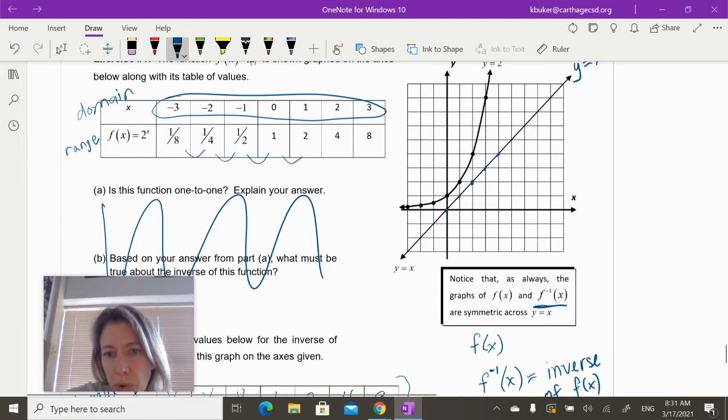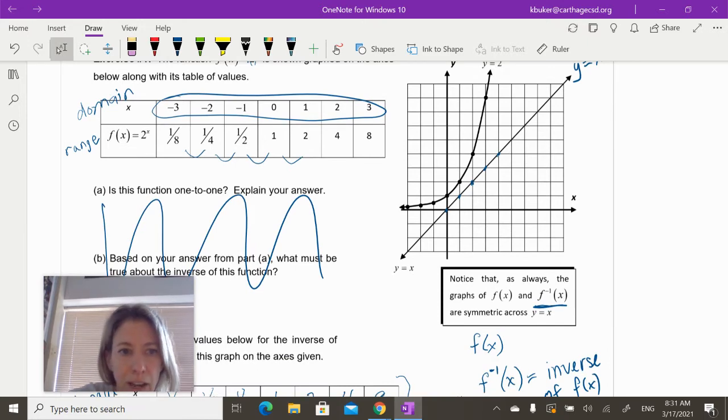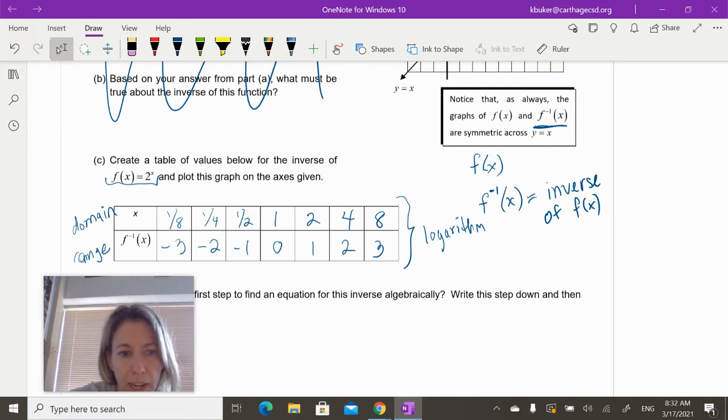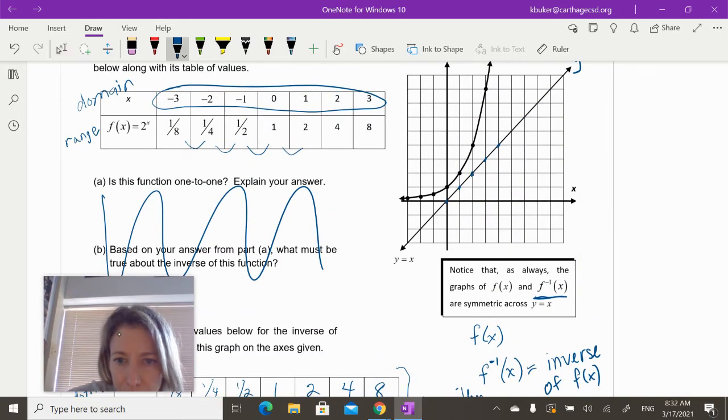So if I'm going to plot these points found on this table below: 1/8, -3. So 1/8 is going to be really close to the y-axis, -3, which is the reflection of this point. The next one was 1/4, -2. Again, really close. 1/2, -1. And then I have the point 1, 0.